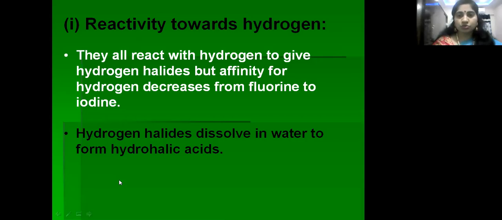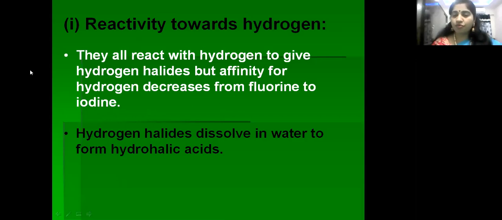Next, coming to reactivity towards hydrogen. These are group 17 elements. They combine with hydrogen and form hydrogen halides. They react with hydrogen to give hydrogen halides. But the affinity for hydrogen decreases from fluorine to iodine.